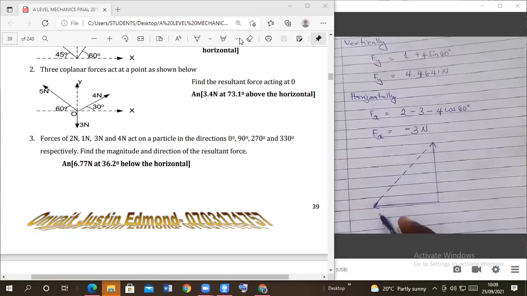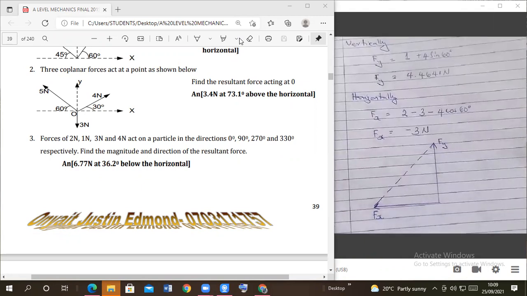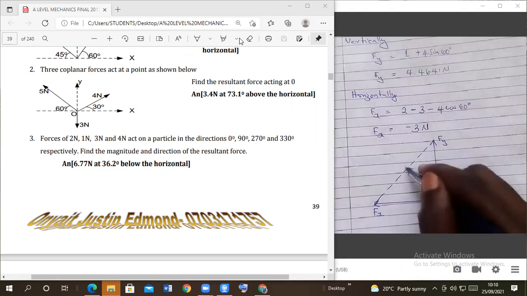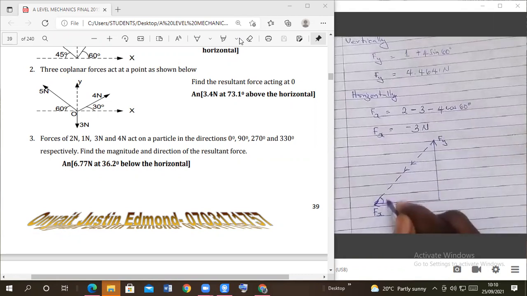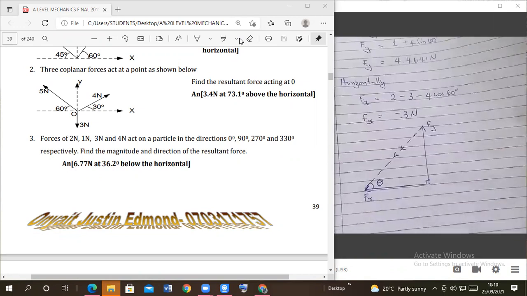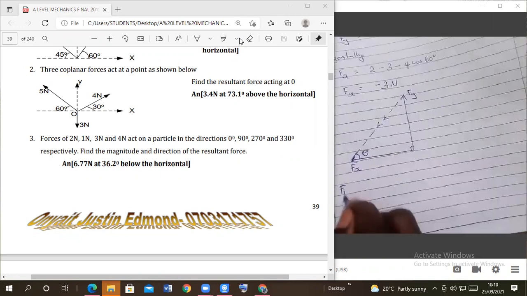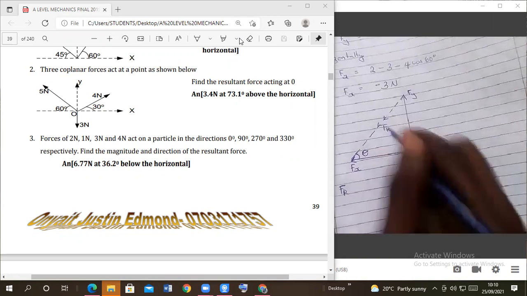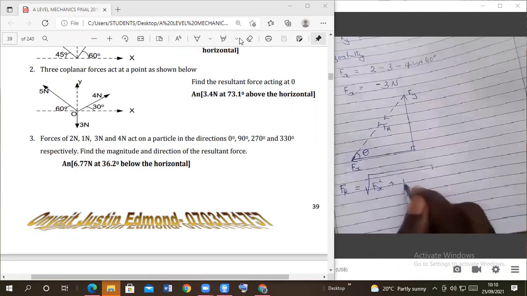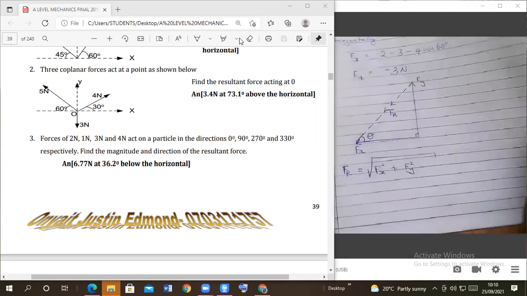So this is our Fx, this is our Fy. The resultant will be here, and that is the angle to the horizontal. So Fr equals the square root of Fx squared plus Fy squared.